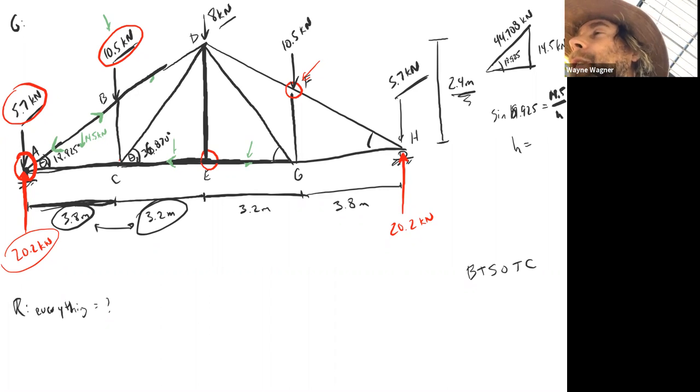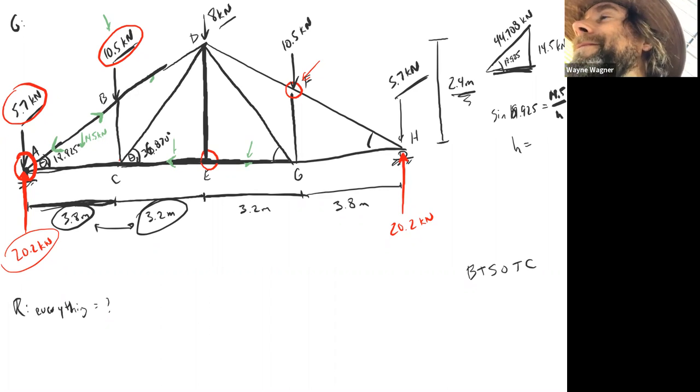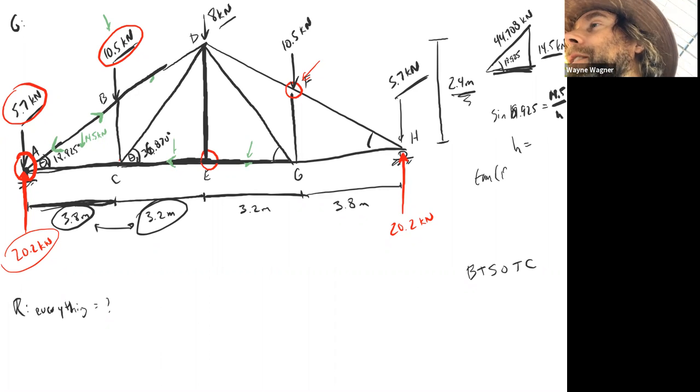And then we go ahead and get this side right here by doing a tangent. So the tangent of 18.925 equals opposite over adjacent. So 14.5 over the adjacent.